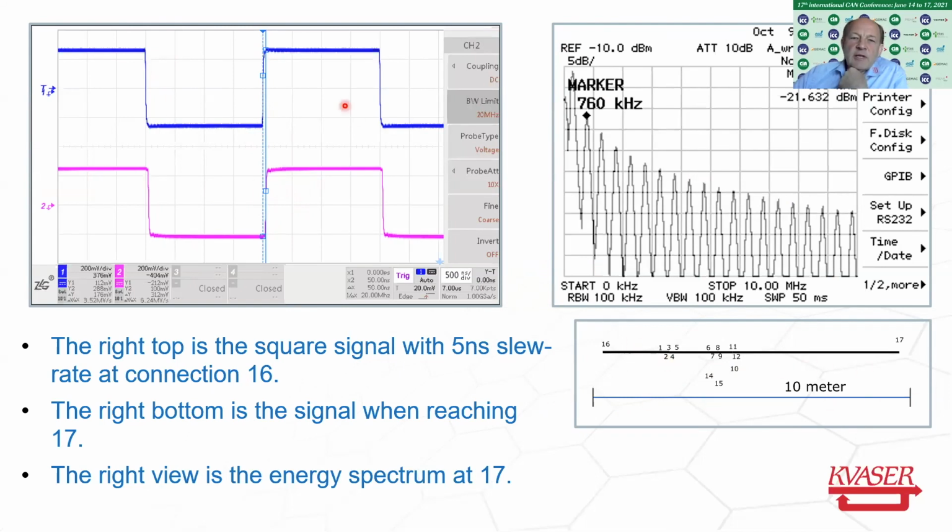And if you look at the spectrum, we have this source here in this end, and we look at the energy here. You can see you have the peaks here with 250, 750, the same as you had in the table below. And you can see how the energy drops with frequency.